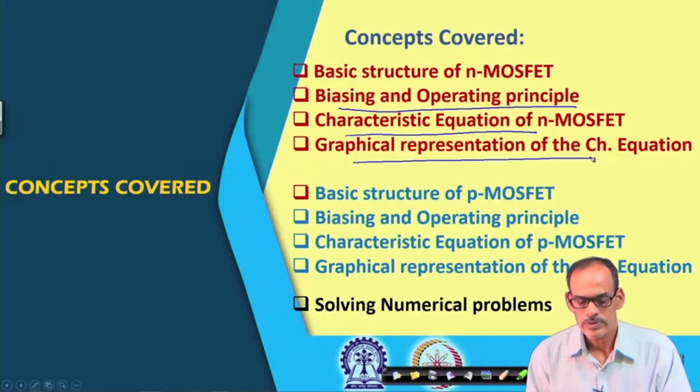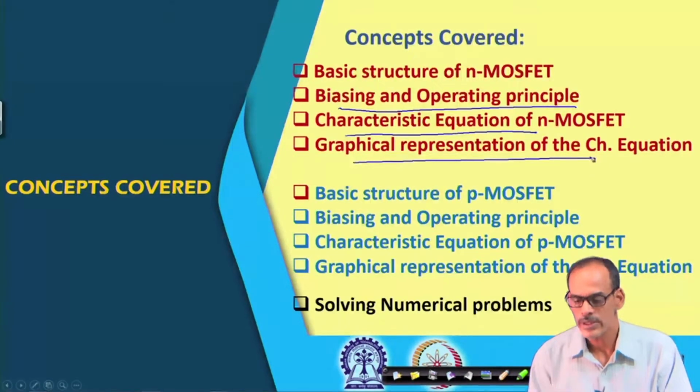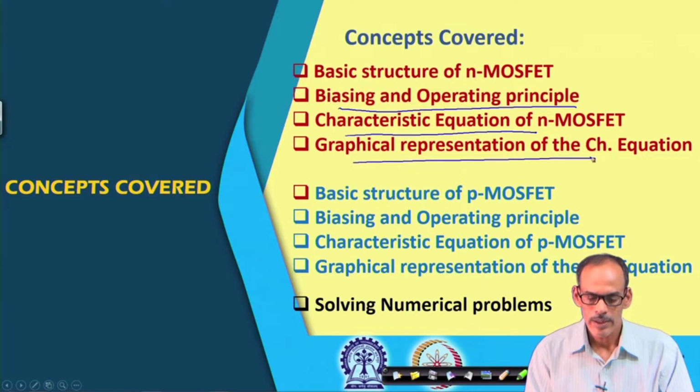And this module essentially has two parts. One is related to the N MOSFET, or rather N channel MOSFET, in the first part, and then in the second part we will be covering the P MOSFET.